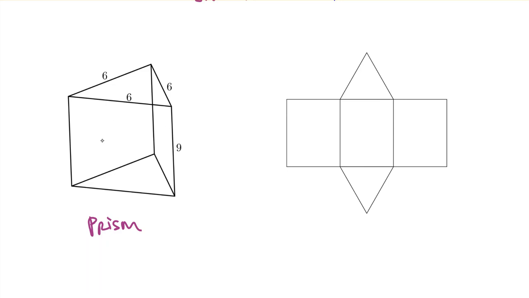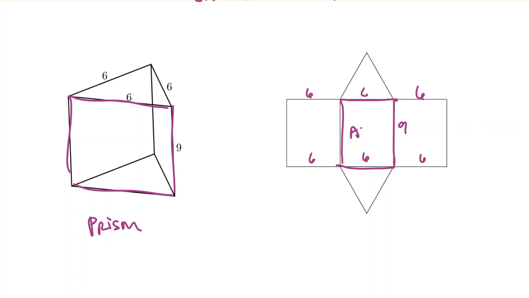And the three rectangles that make up the outside of the figure, we see the front-facing rectangle here, are represented by the rectangles in this two-dimensional diagram. We know that their height is 9 and their base is 6, and that it's 6 for all of them because the base of our prism is an equilateral triangle.